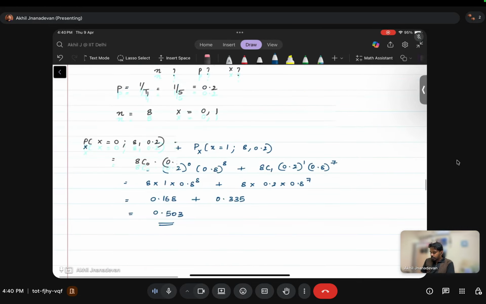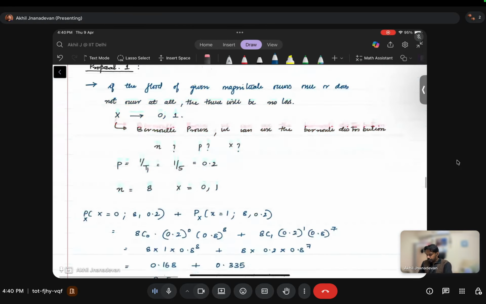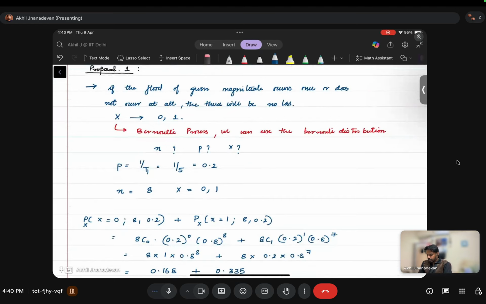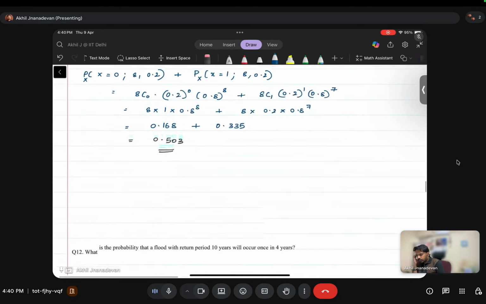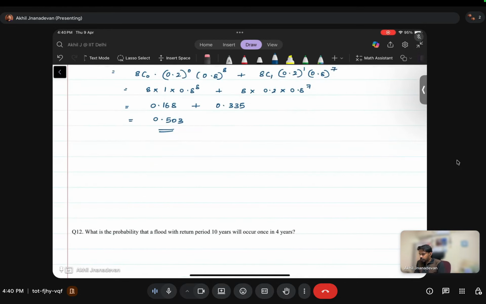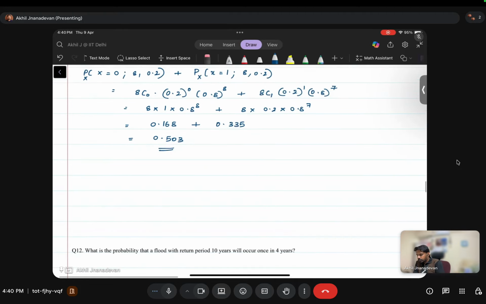So this is the probability of occurrence of flood without any damage or without any loss for proposal one. Okay, so this is the probability, right? The probability without any loss is this.